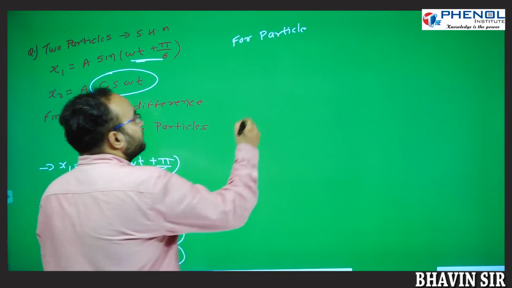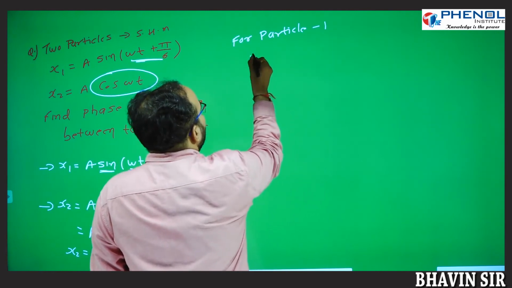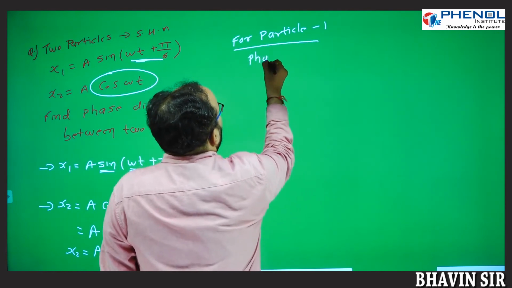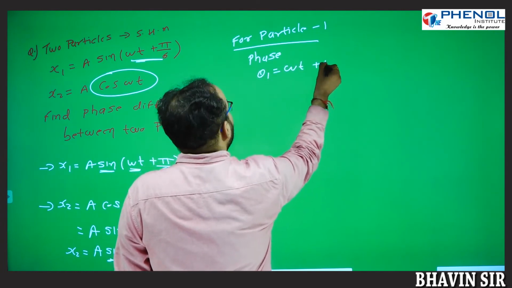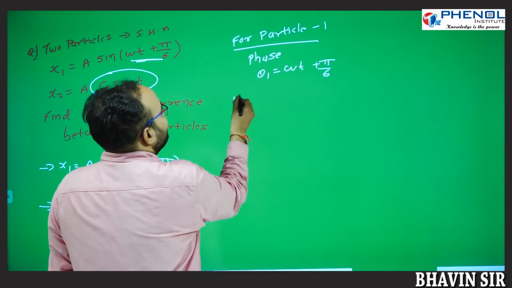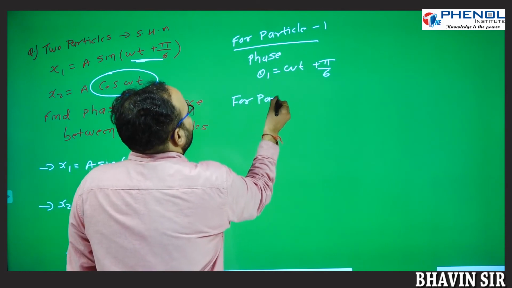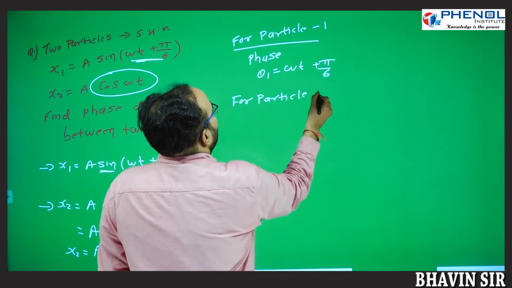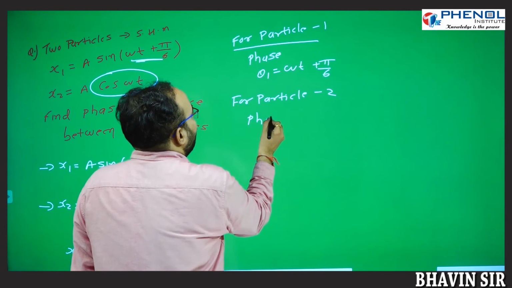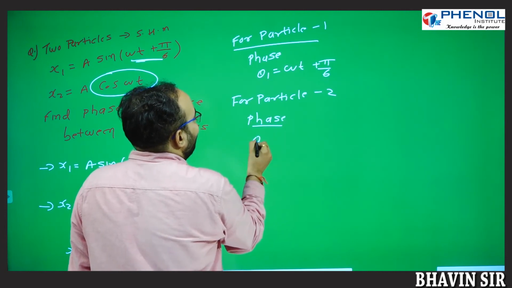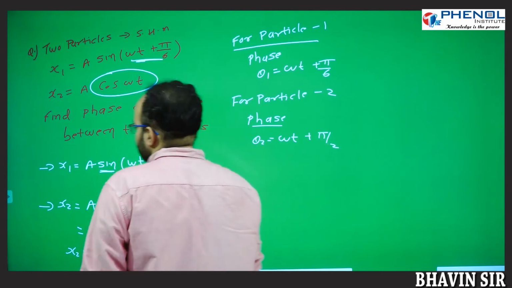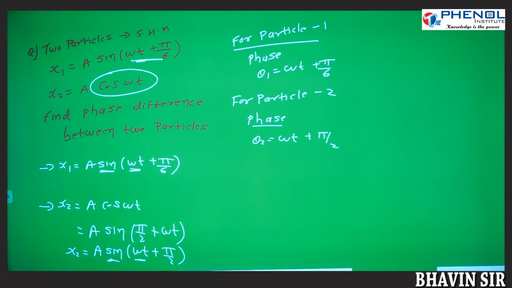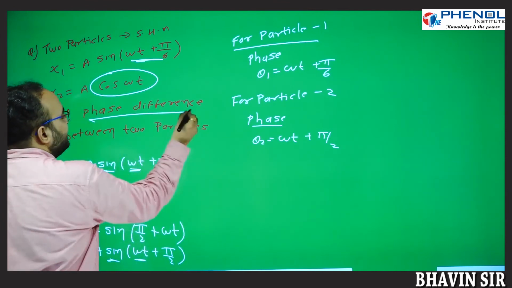So for particle 1, the phase is omega t plus pi by 6. For particle 2, the phase is omega t plus pi by 2. So we want to find the phase difference.